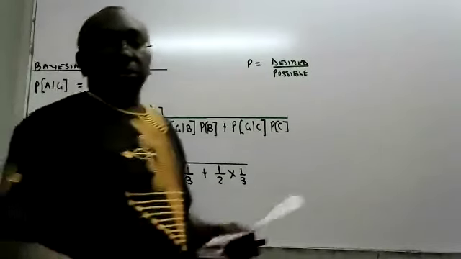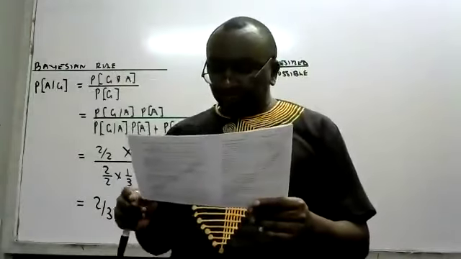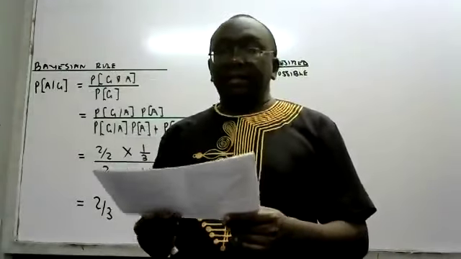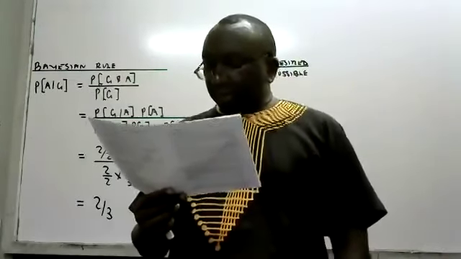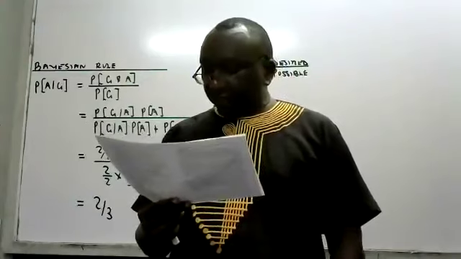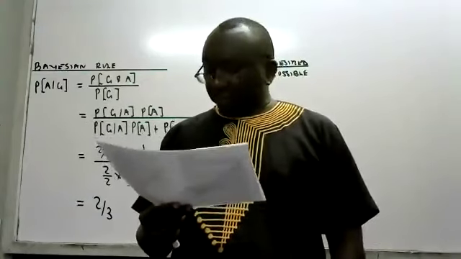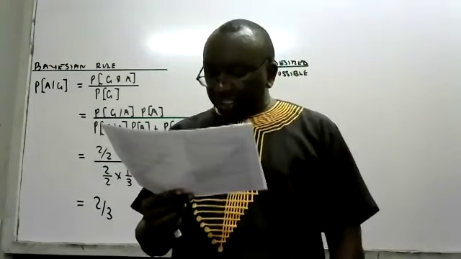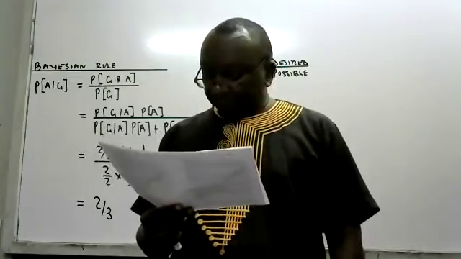Let's go to the next question, number 2. When a machine is set correctly, it produces 25% defectives. Otherwise, it produces 60% defectives. The chance that the machine is set correctly is 50%.